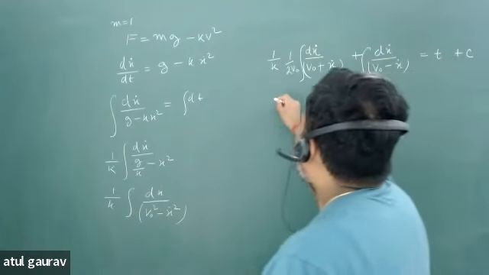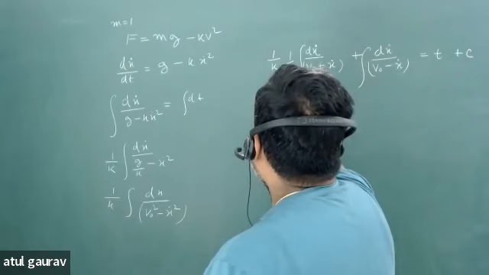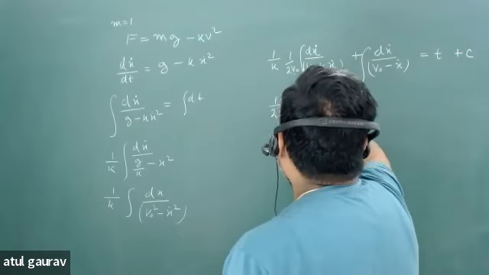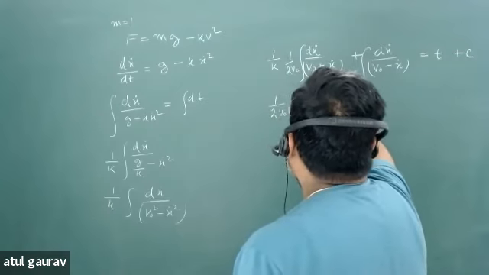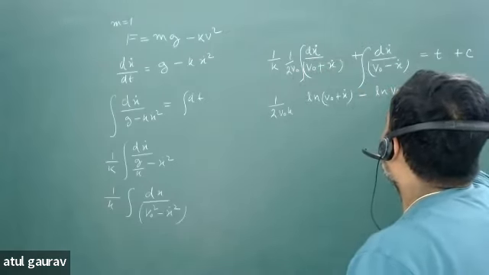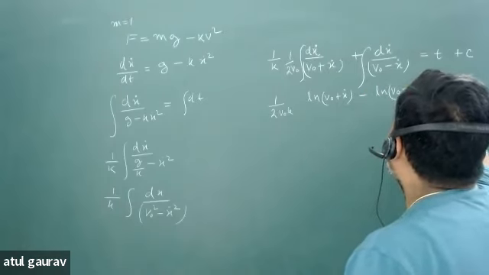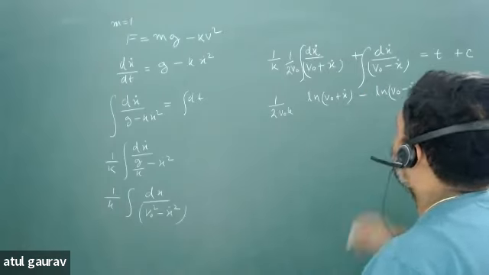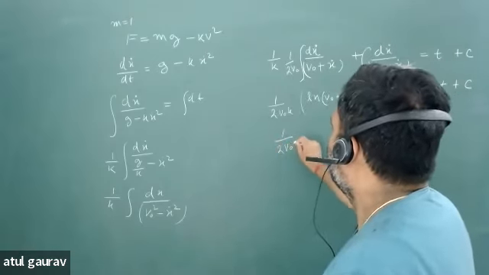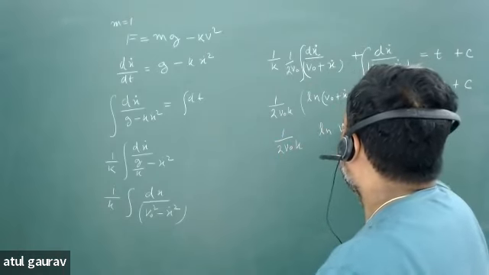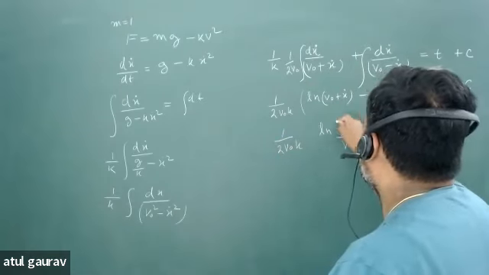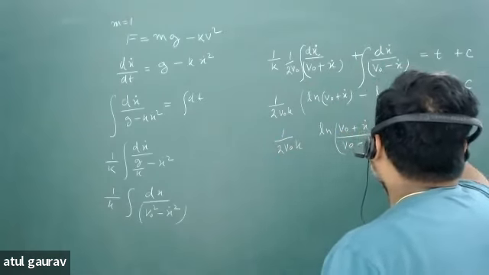Okay, and we have 1 upon 2v naught upon k, and this integration is simply ln v naught plus x dot, and this integration is minus ln v naught minus x dot is equal to t plus some constant c. And this value is equal to 2v naught k, and we can use ln v naught plus x dot by v naught minus x dot is equal to t plus c.